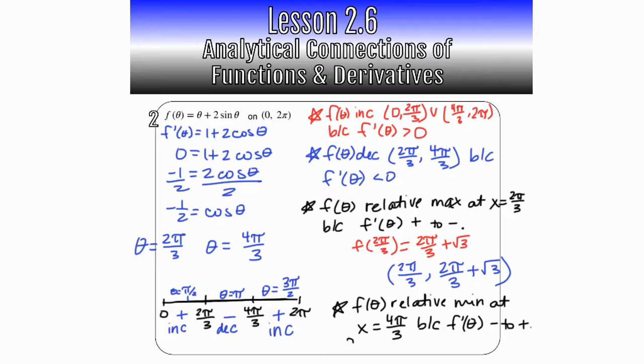And so f of 4 pi over 3 is going to be equal to 4 pi over 3 minus the square root of 3. So the exact coordinates of the min is going to be at 4 pi over 3, comma 4 pi over 3 minus the square root of 3.